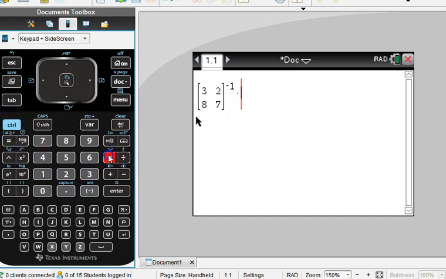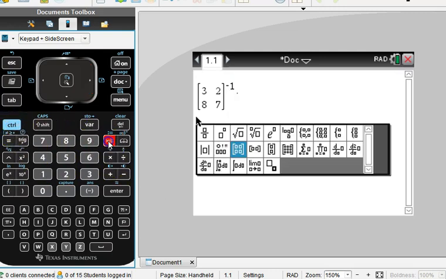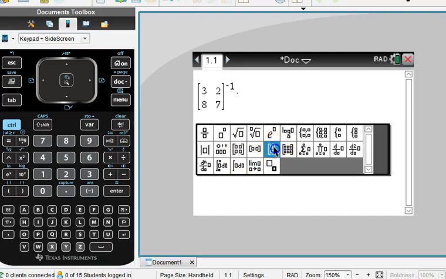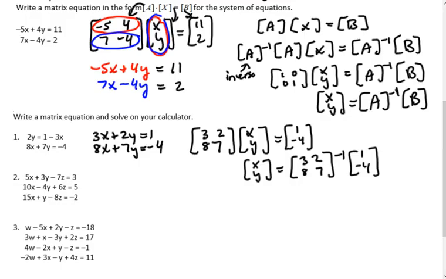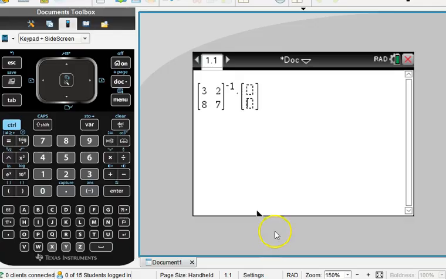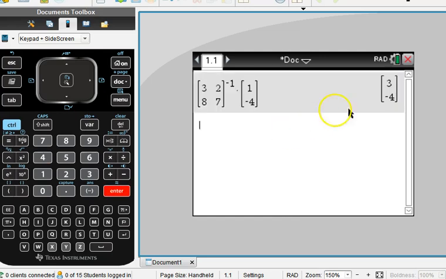And then multiply, and then I'm going to use a 2 by 1 matrix, and going back and looking at the numbers, that's going to be 1 and negative 4. And then I just push enter. And that's my x and y. So x is 3 and y is negative 4.